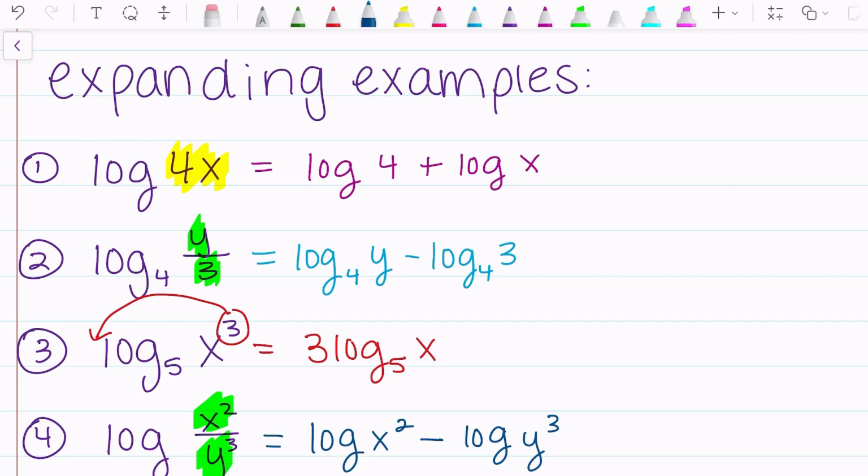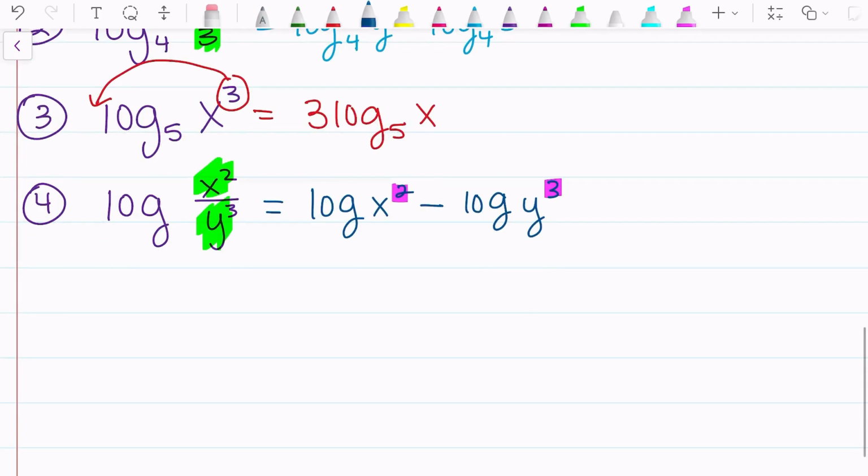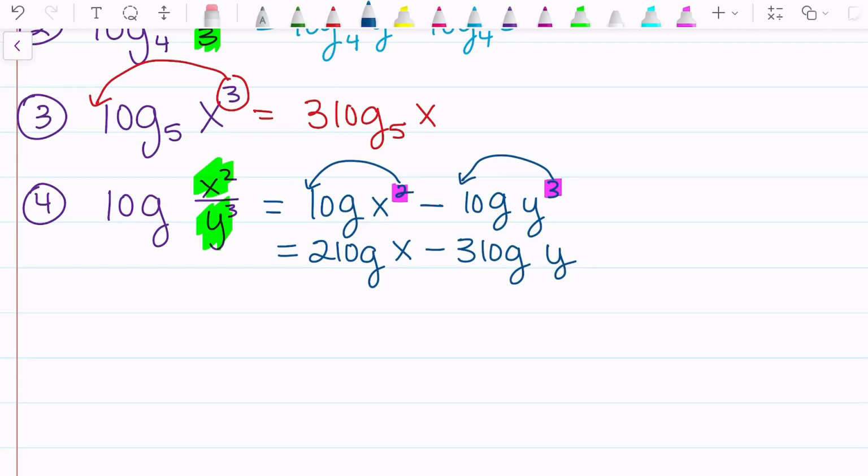And then we can't leave these exponents in our expanded form. They need to go out to the front like in example 3. And so my final answer here is going to be 2 log x minus 3 log y. So those exponents come out to the front. And that's properties of logs.